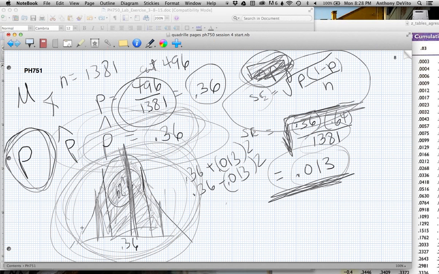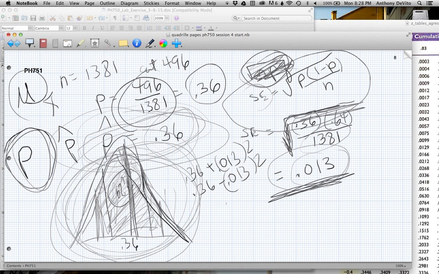Now let's take a look at this. Whether it's a mean or a proportion, if all these outcomes are going to be normally distributed, we don't really ever know what mu is. We don't really ever know what p is, right?